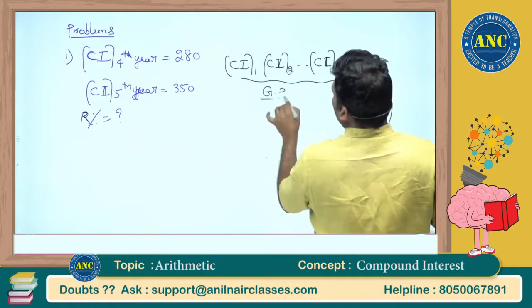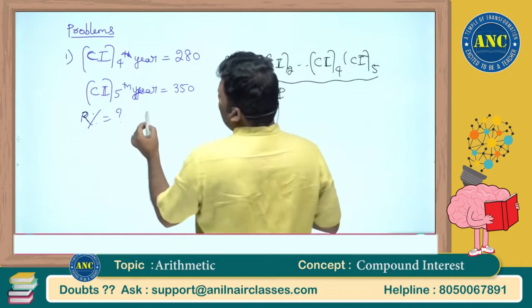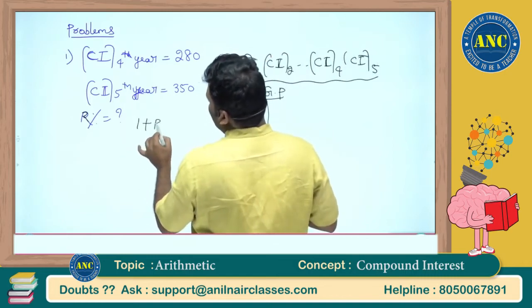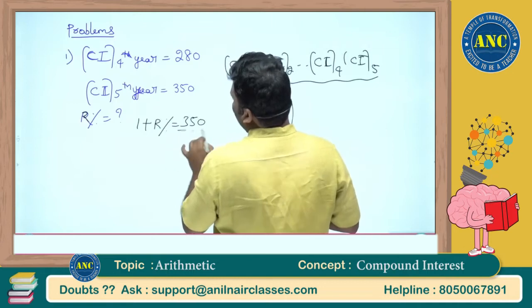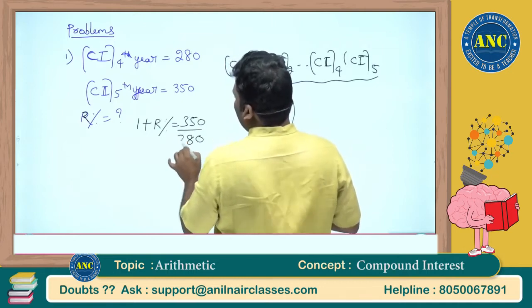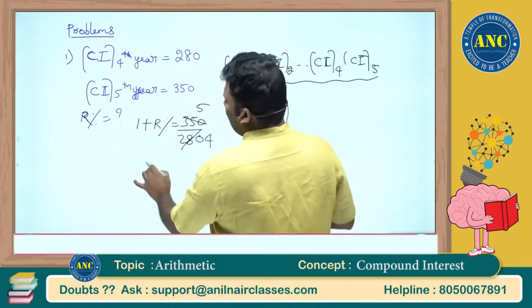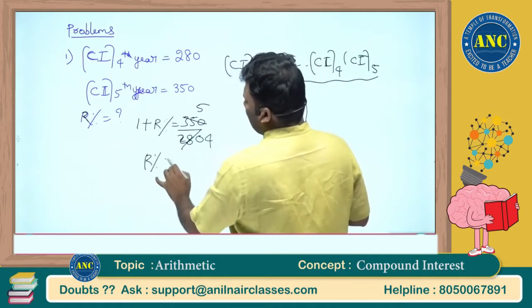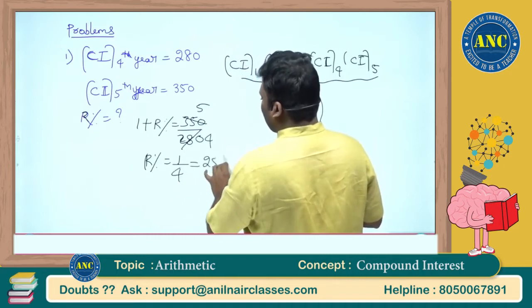Geometric progression. What is the common ratio? The common ratio is given by the scaling factor. 1 plus R percentage is equal to 350 by 280. 350 by 280, 75s are, 74s are. So R percentage is 1 by 4, which is 25 percentage.